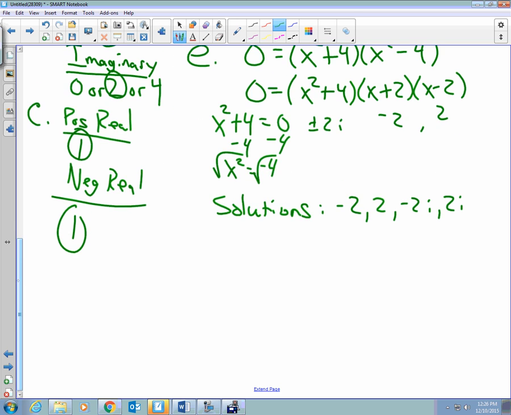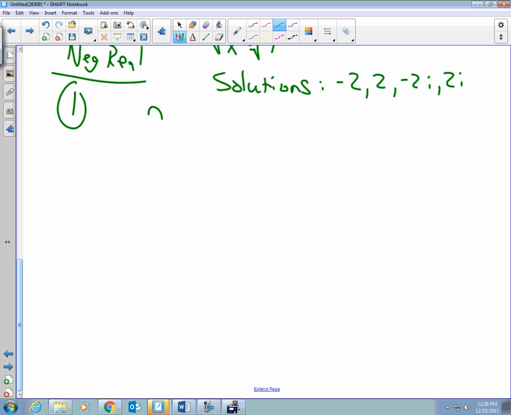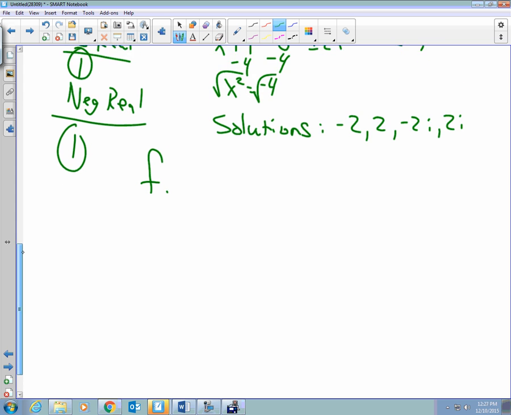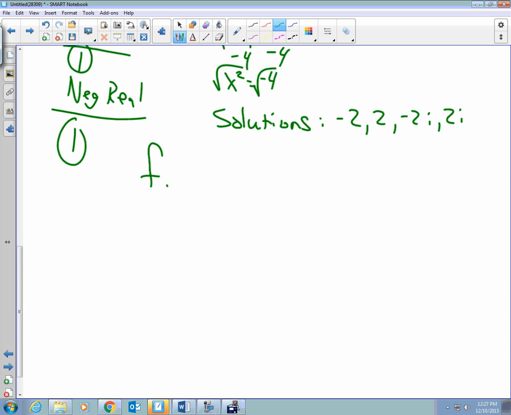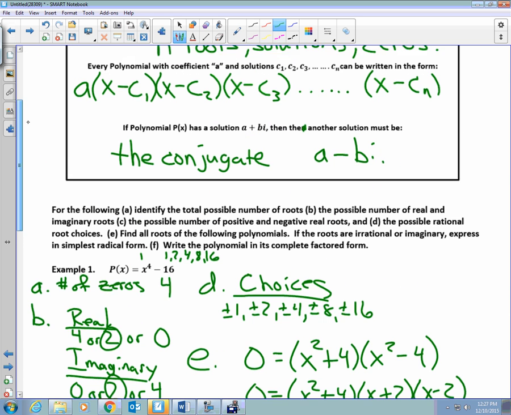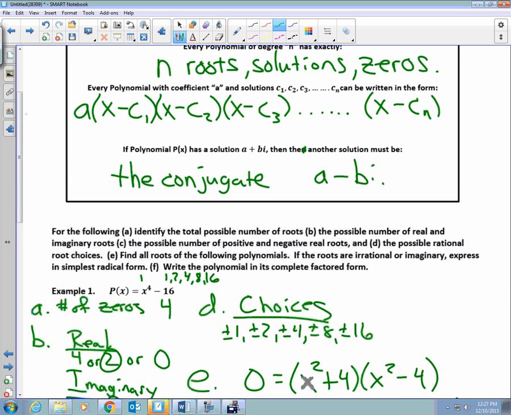Finally, we are going to write it in factored form. Now, this might bother you, but trust me, you'll use this in the long run. When we write it in factored form, what it says is every polynomial with coefficient a and solutions as follows can be written as x minus the solution. Notice it's minus the entire time, right?